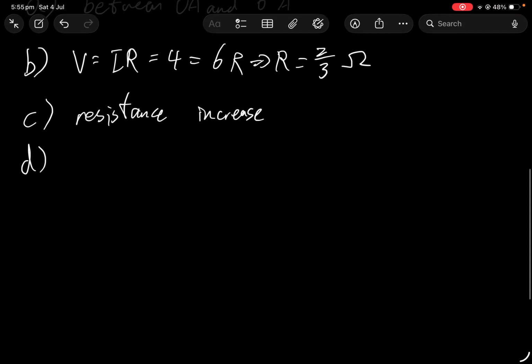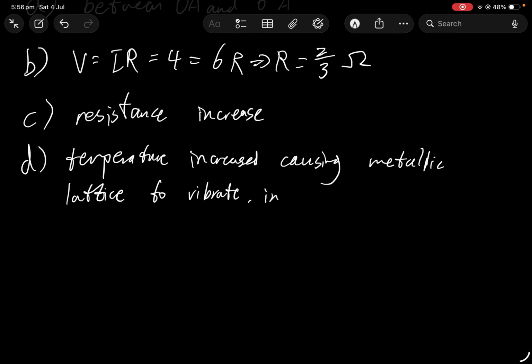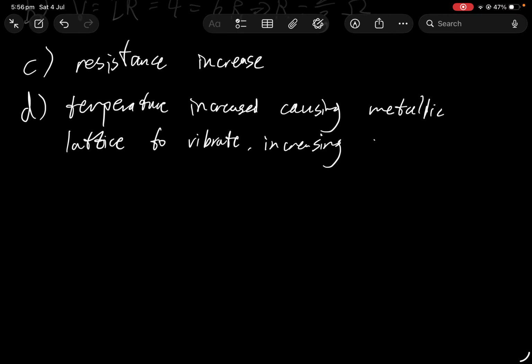For the resistance to increase, we can say that temperature increased, causing the metallic lattice to vibrate, increasing friction and collisions of the electrons, or protons if you're using convention.